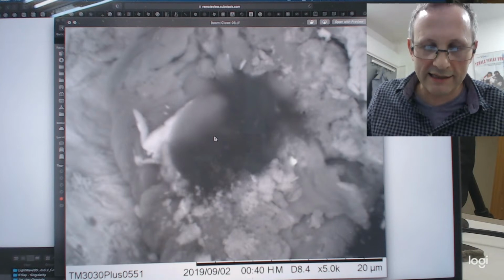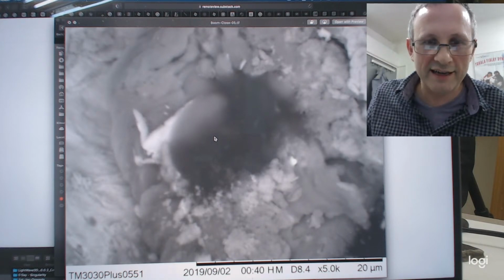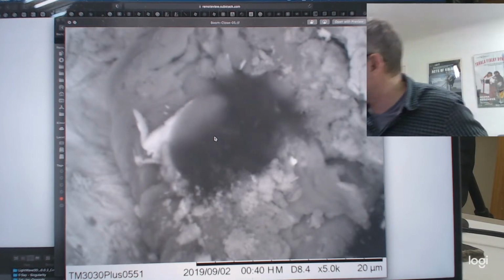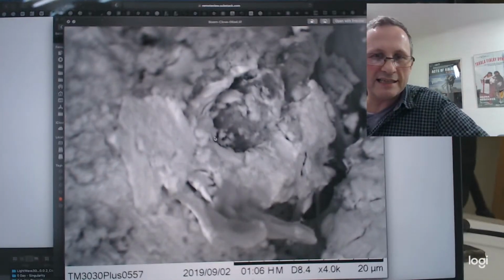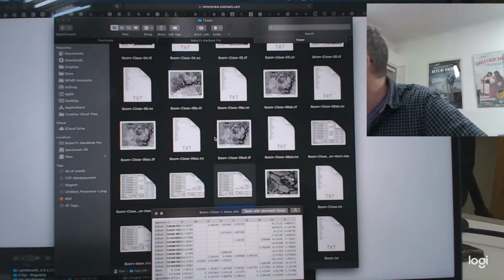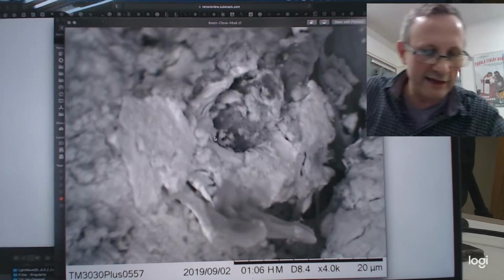So this is a glassy phase carbon structure, you can see, and this is part of it. There's various rubbish here. I'm going to line up all the images together, and then I won't be going through text files.